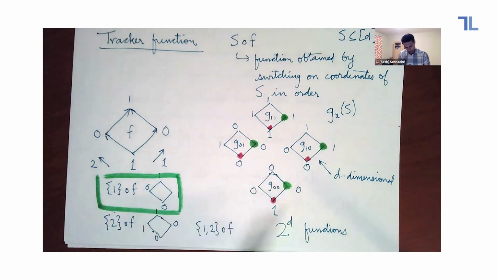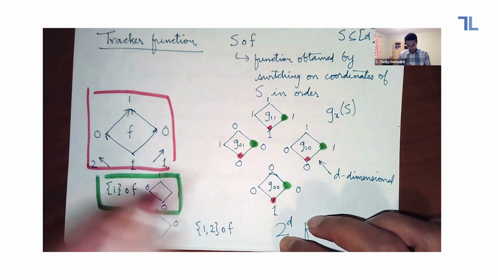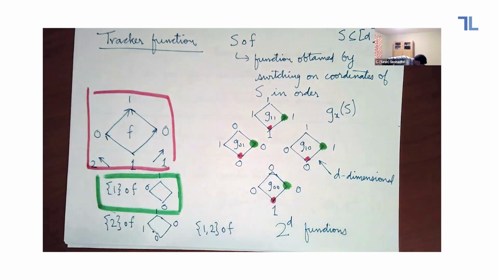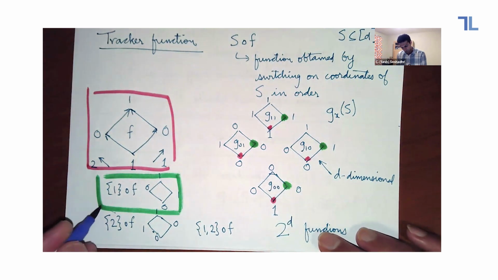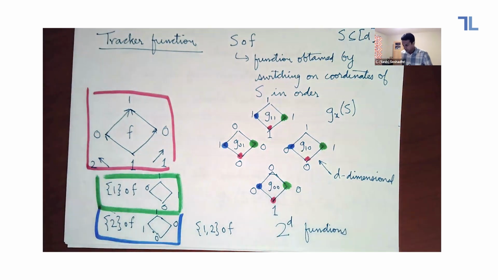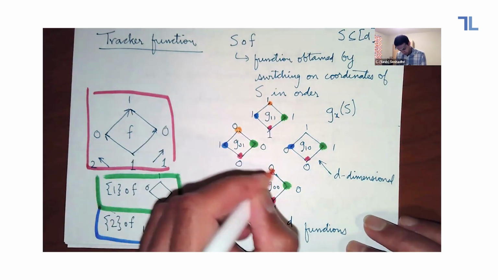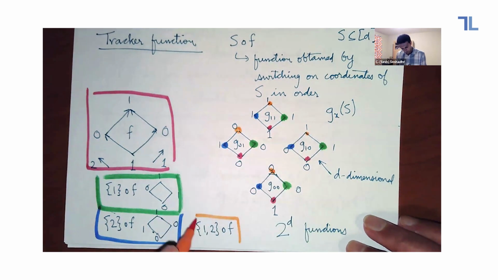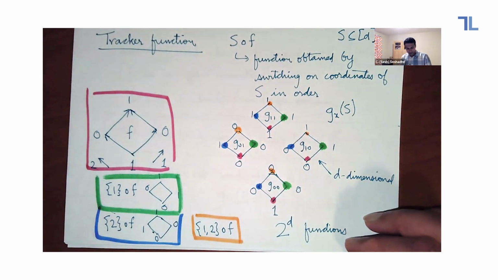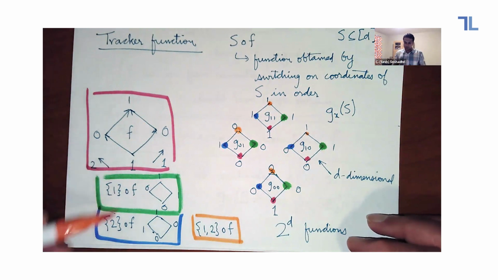So this is the red function, which I've put in red. Then the blue function is switching on 2, which I have over here. And finally, I have another function, which is the orange function, which is this. So I've taken these 4 functions, except I've carved them out separately.